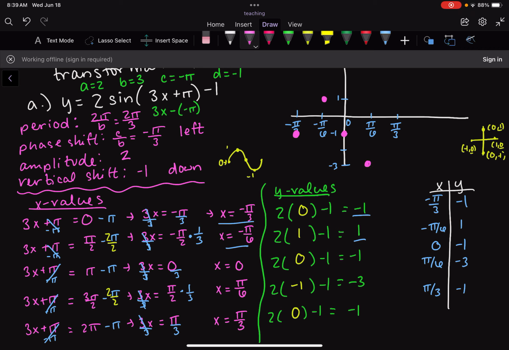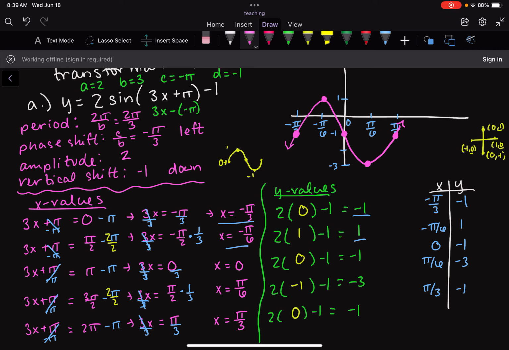And then pi over 3, negative 1 is over here. And there's my general shape that I see. And so remember that sine will always look like this. So if you somehow plot your points and they are not looking like this, there's definitely something wrong.